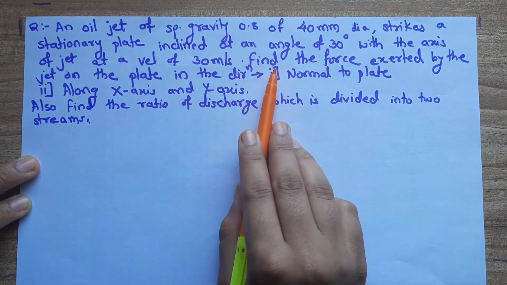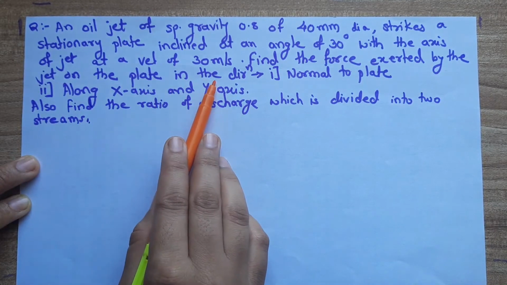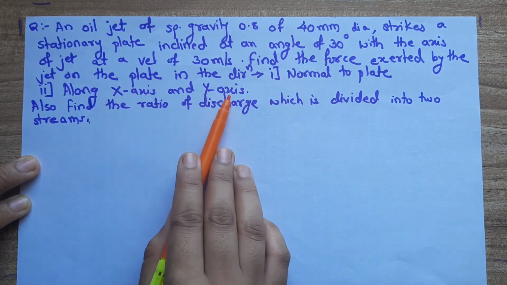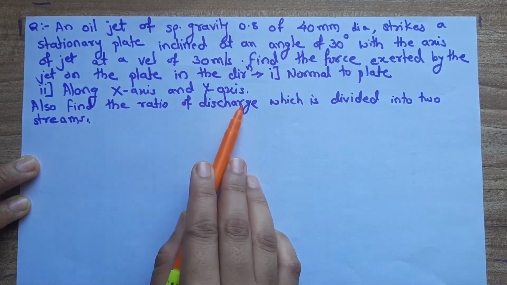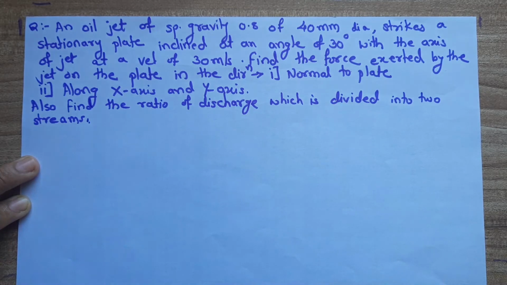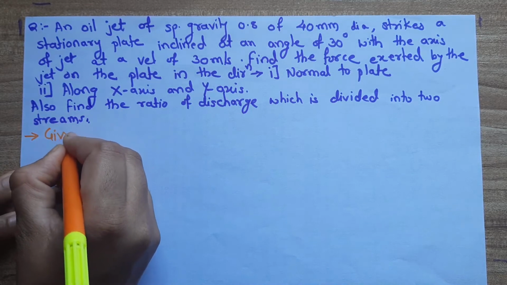What are we supposed to find? Force exerted by the jet on the plate in the direction first normal to the plate, second in x direction and y direction. Also it is asked to find the ratio of the discharge which is divided into the two streams.